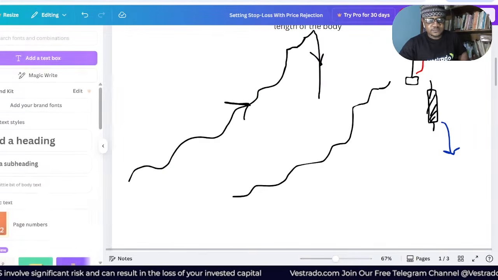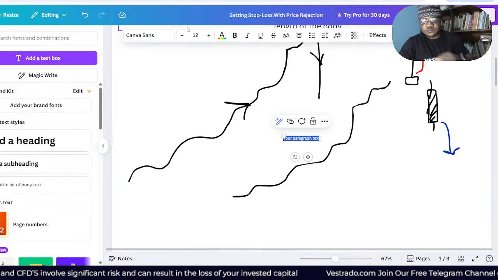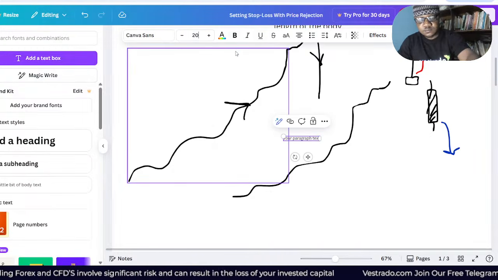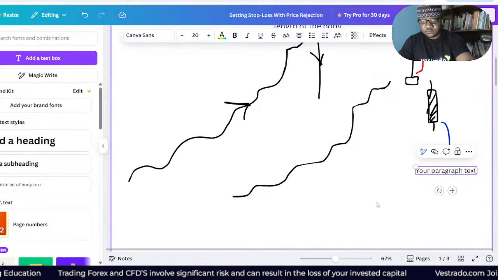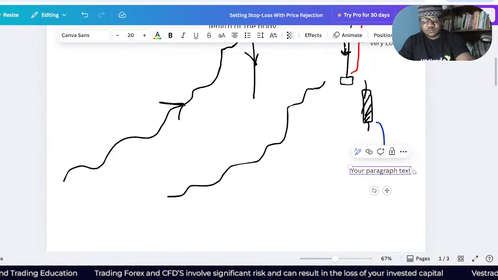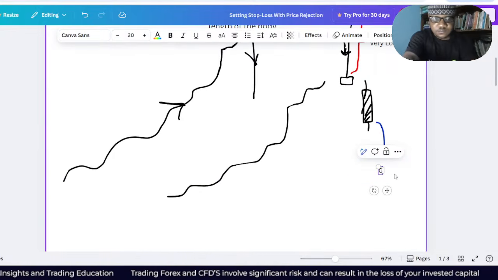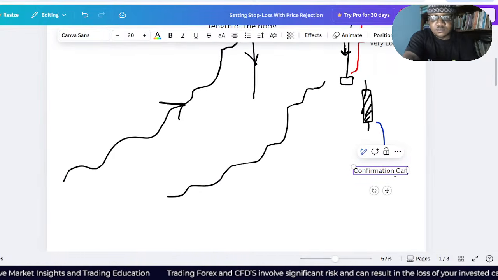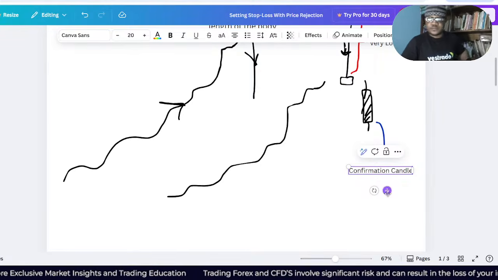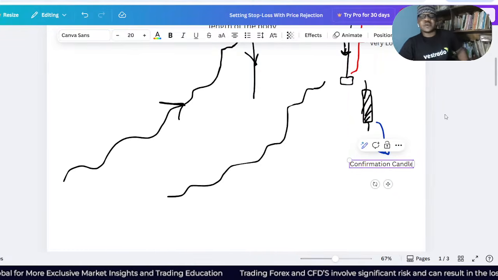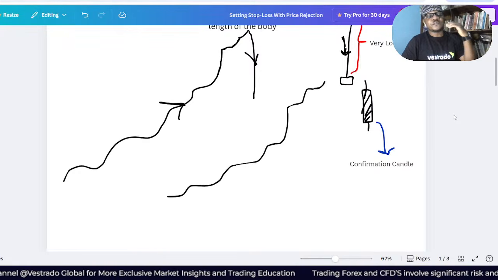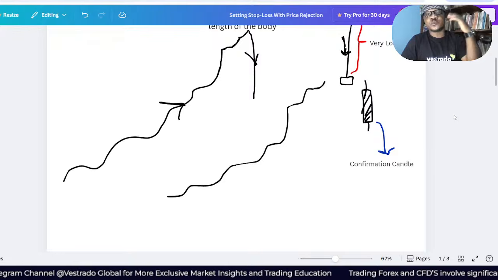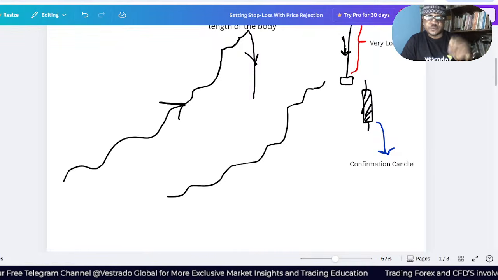Wait for that. There you go. So that's that about price rejection, ladies and gentlemen. The longer the wick of the rejection, the higher the probability of a reversal.